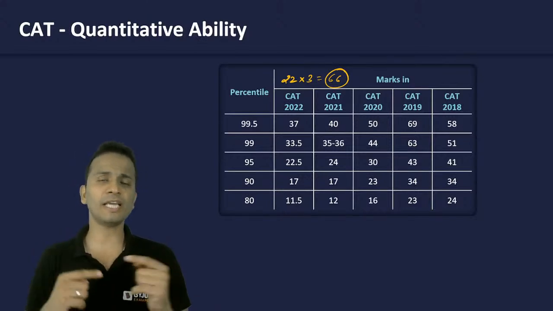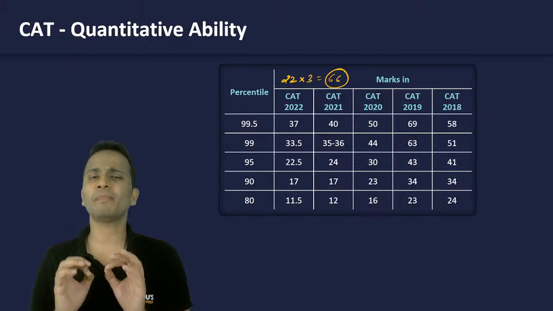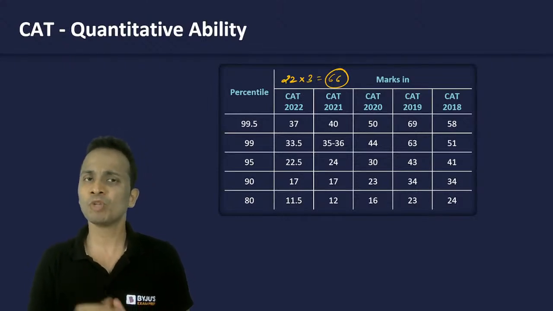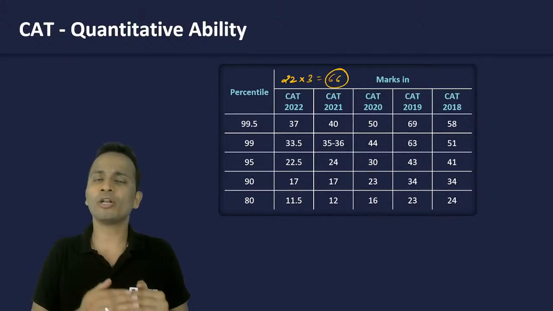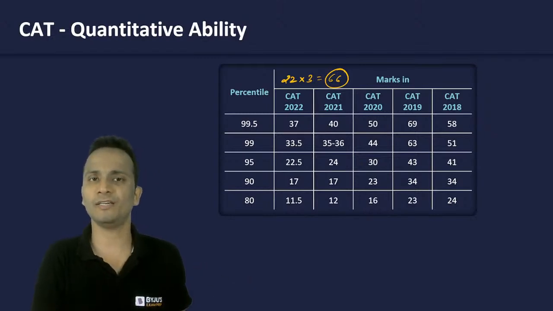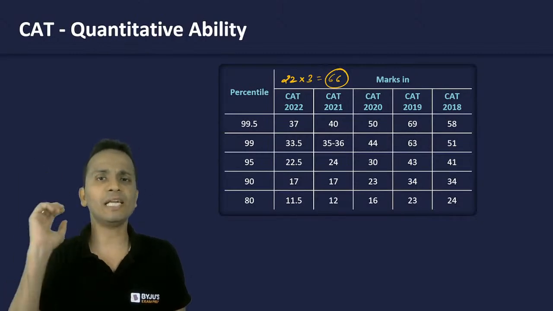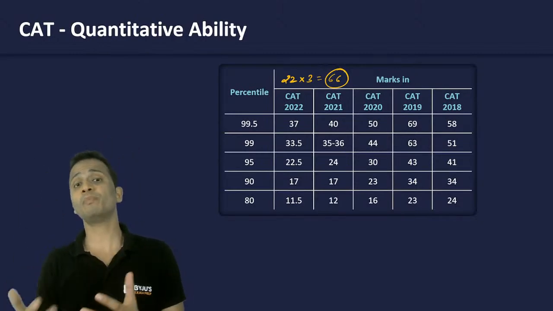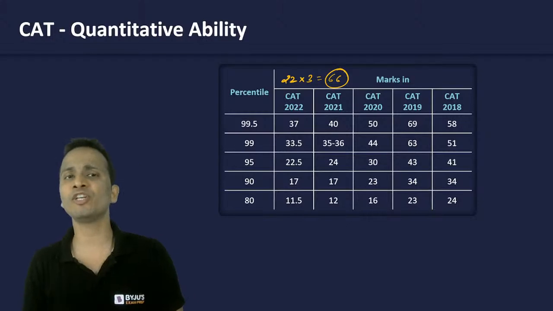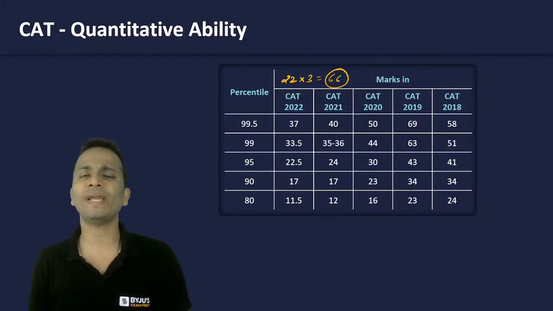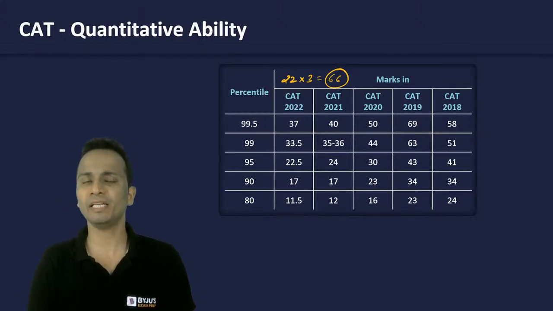Now, this particular thing may vary a little bit depending upon the level of difficulty. So, if the level of difficulty is on a lower side, easy questions come, then this 90 percentile requirement will go slightly above this. So probably not at 6 but at 7 questions, at a score of 20 or 21, you may get 90 percentile.